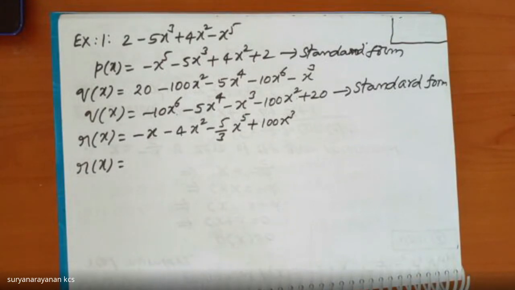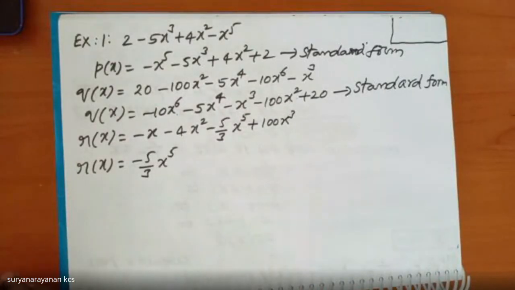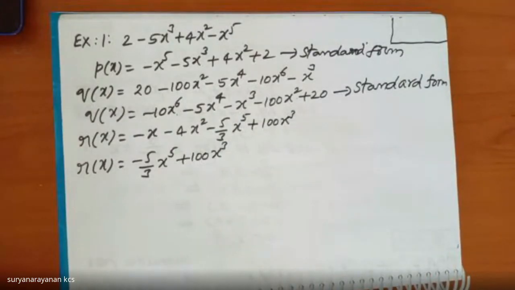Okay, Mahima, now your turn. Tell me. Minus 5 by 3 x power 5, plus 100x cube, minus 4x square, minus x. Very good.